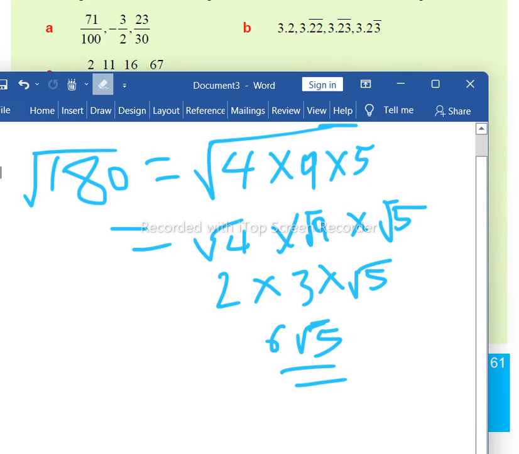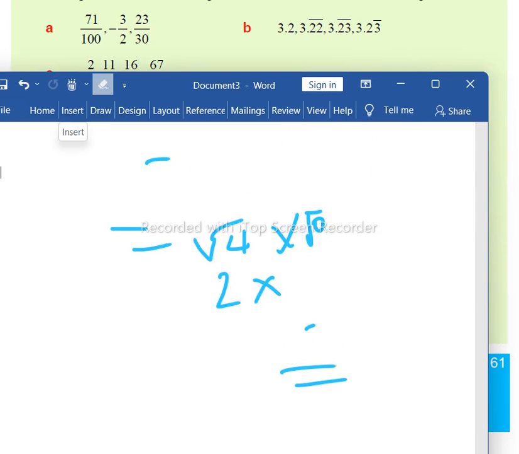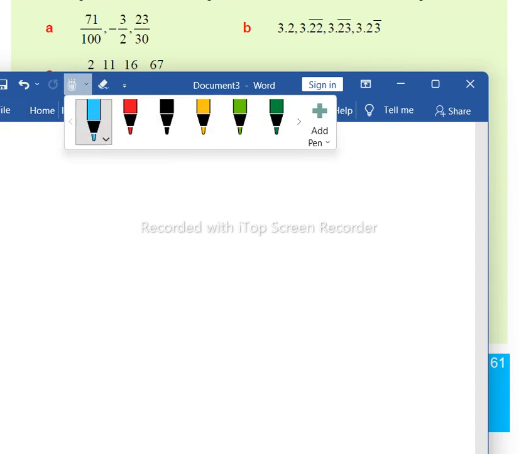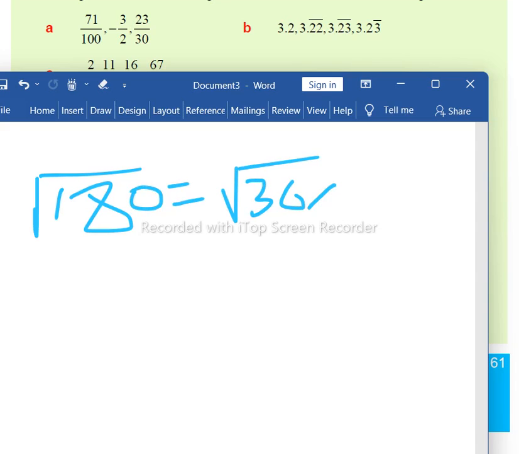Let us write, let's do the other equation. We can also write this equation like this: square root of 80 means the same as square root of 36 times 5, which is square root of 36 times square root of 5.